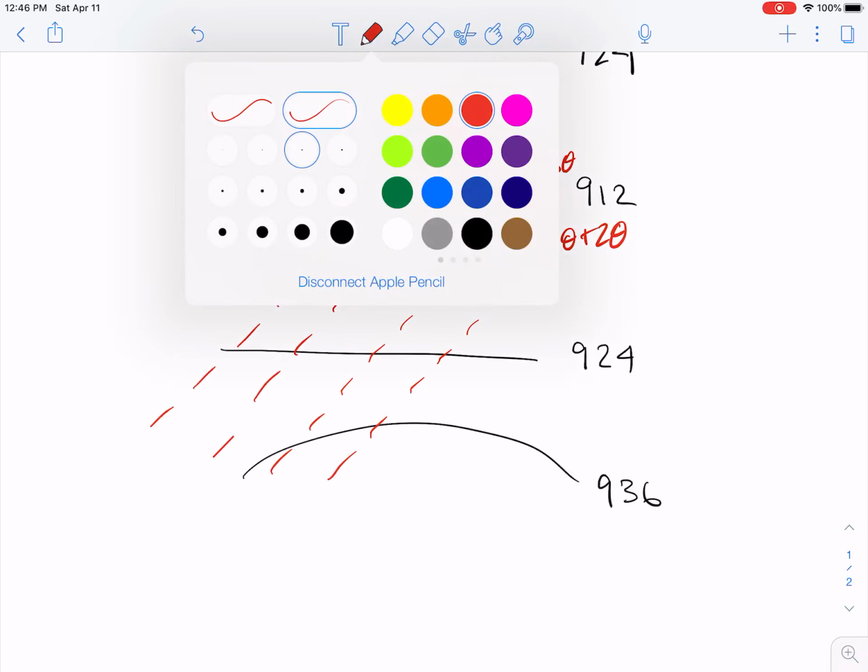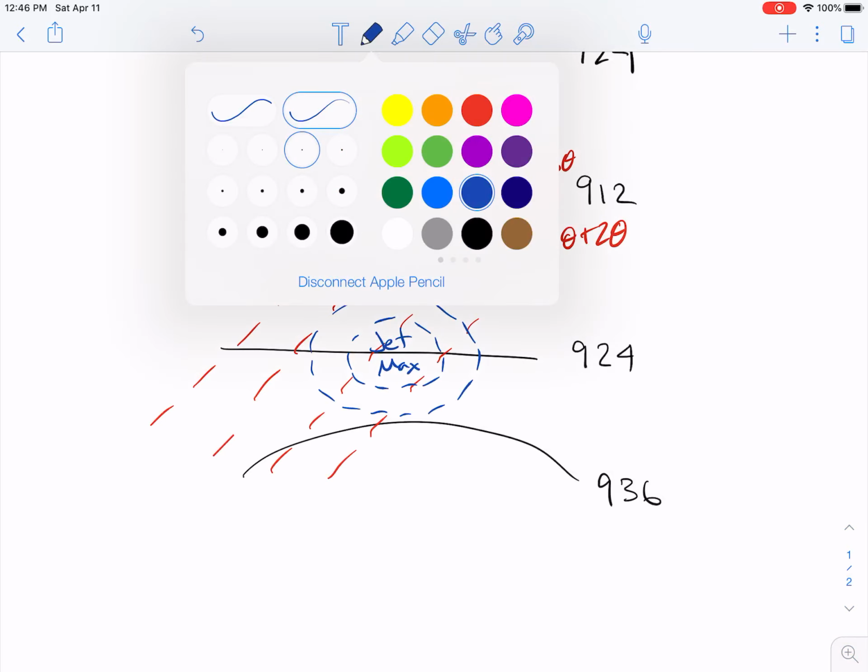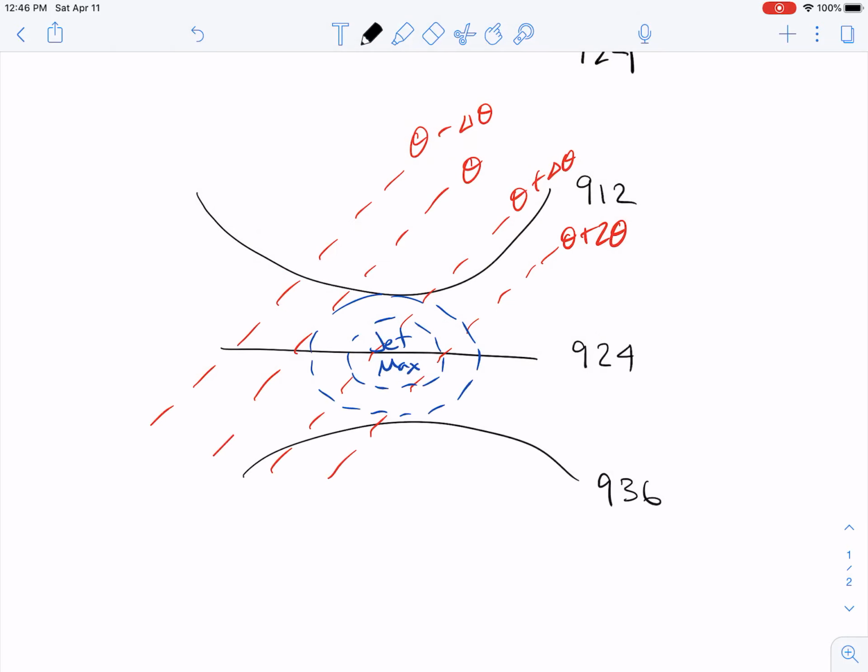And so clearly, in this jet format, we have our jet max here, we know that the air flowing through this jet means that this colder air is going to be advected into this warmer air, such that we can say that this setup really is cold air advection along the jet axis.